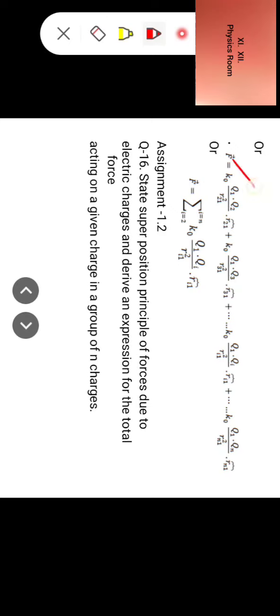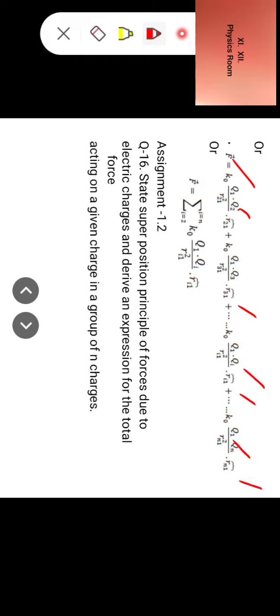Total force F is equal to K naught Q1 Q2 divided by R21 square into R21 cap plus K naught Q1 Q3 divided by R31 square into R31 cap plus so on K naught Q1 Qi divided by Ri1 square into Ri1 cap plus so on K naught Q1 Qn divided by Rn1 square into Rn1 cap.